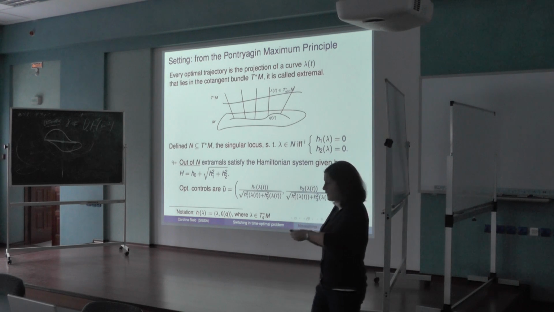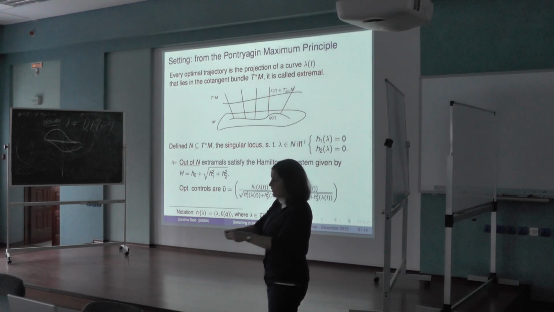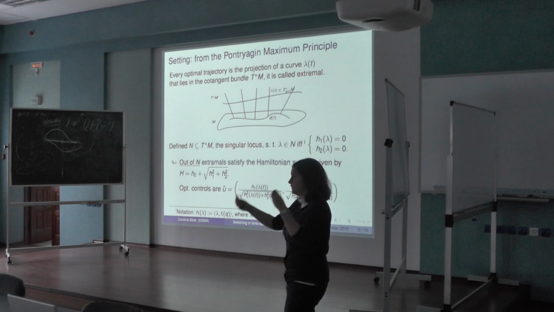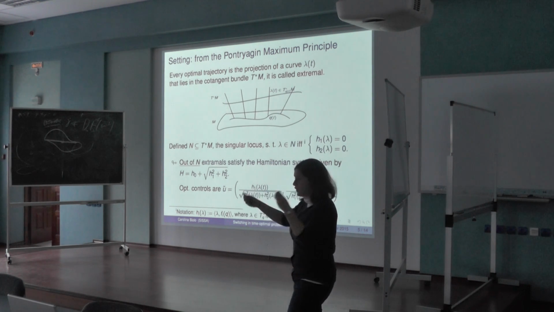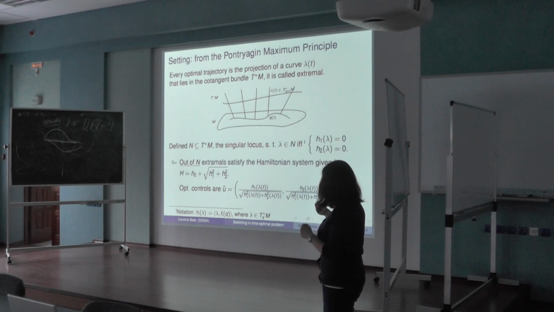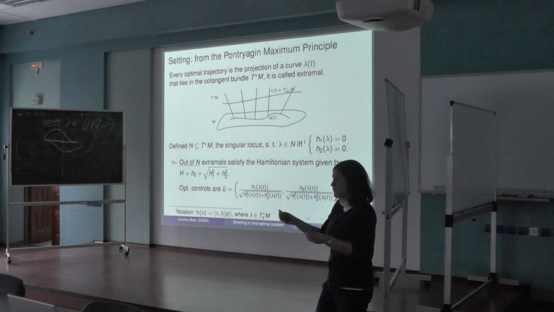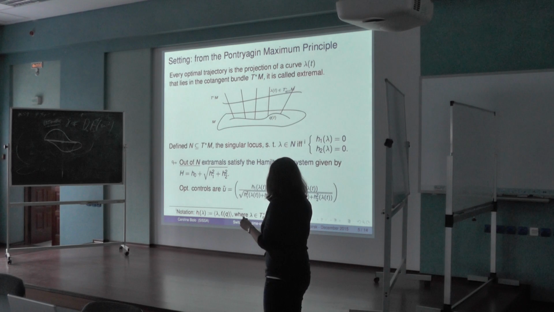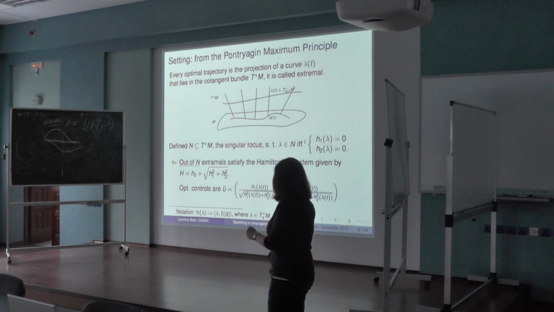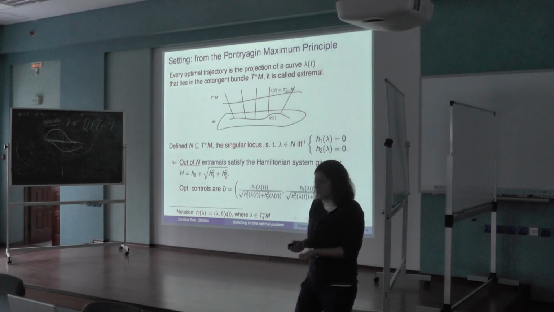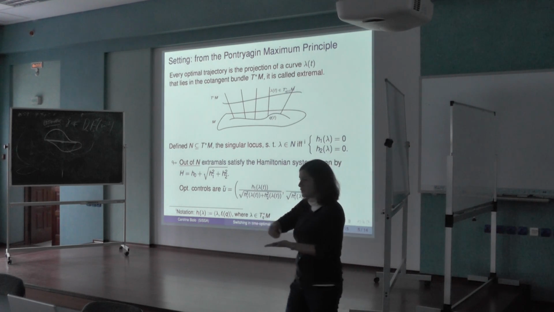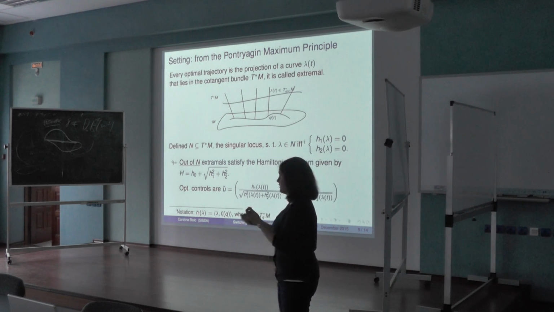And then now we have that if an optimal trajectory has an extremal that lies in this part of the cotangent bundle, then it is smooth. So right now we already have a characterization of the smoothness of optimal trajectories in this case.